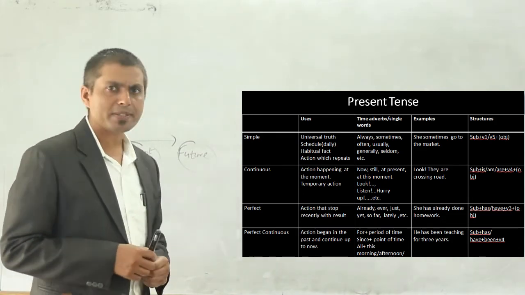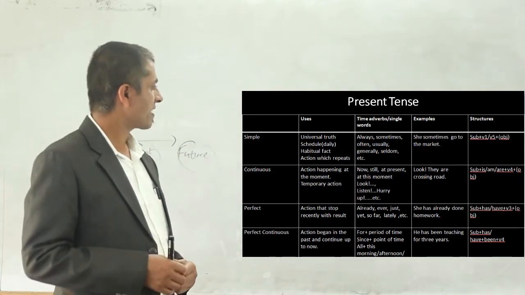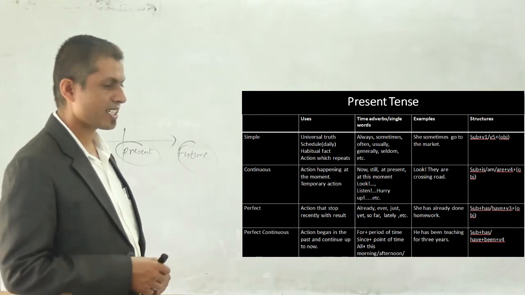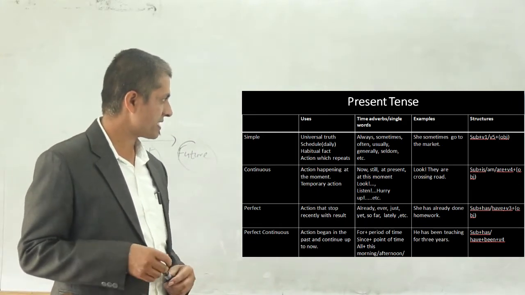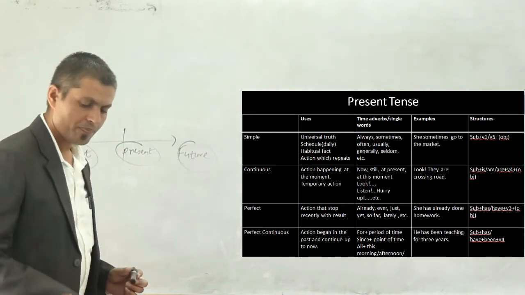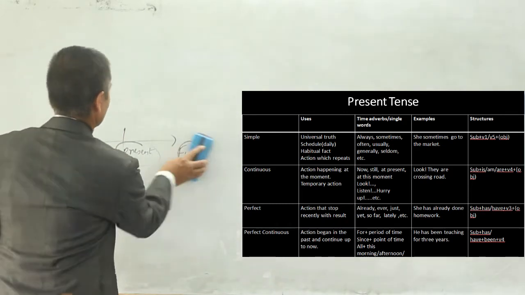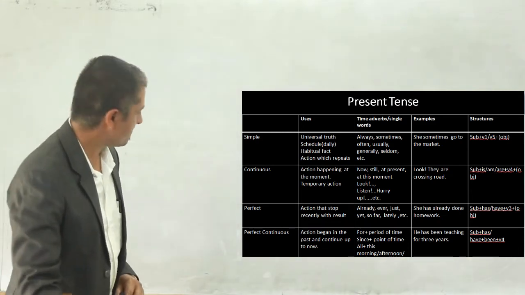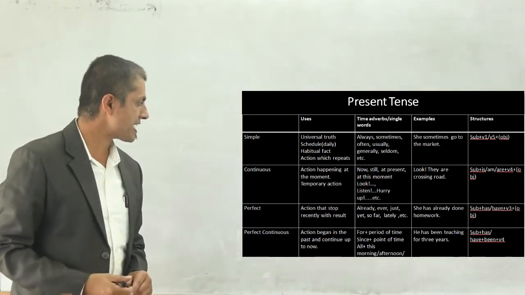Then the example sentence: Look, they are crossing the road. Structure we also study: subject plus is/am/are plus verb plus object. And now come to the perfect tense. Present perfect: action that stopped recently with result.